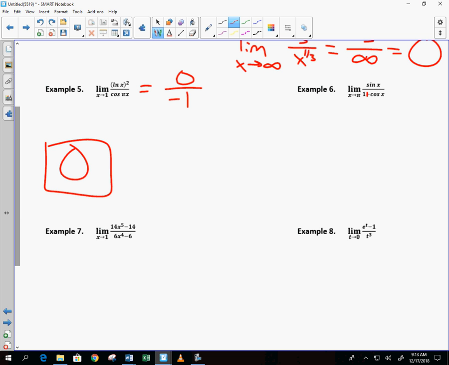Should be a 1 plus cosine of x. You try the next one on your own. Go. Okay, so you get 0 over 0, correct?